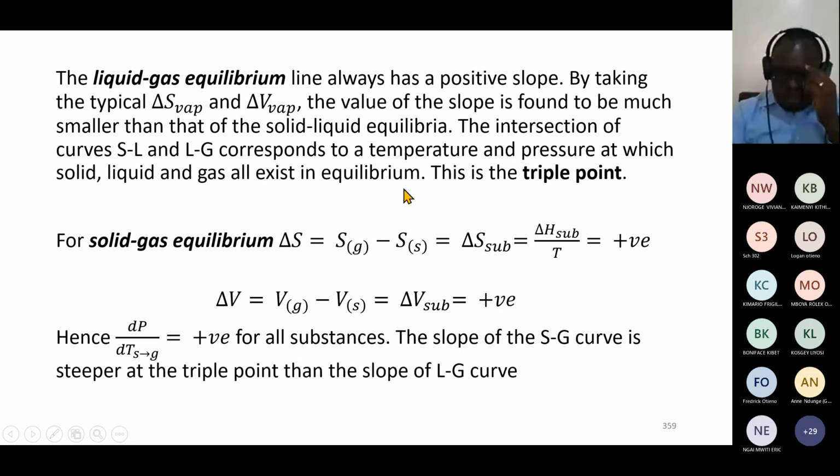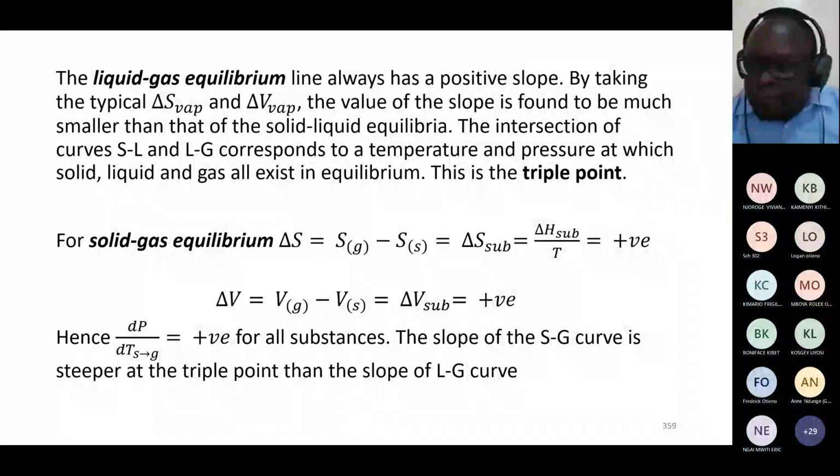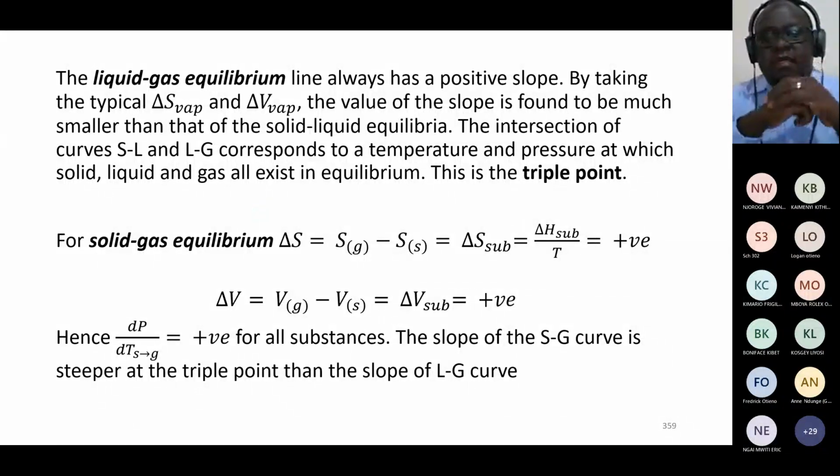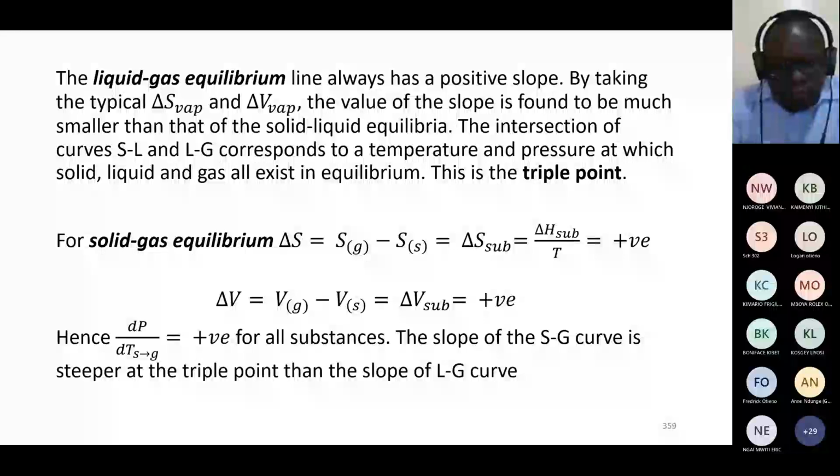We're going to see this shortly in an example, where we look at phase equilibria for one-component systems. A point where these two lines meet is called the triple point, where you have the three phases, solid, liquid, and gas, existing in equilibrium.